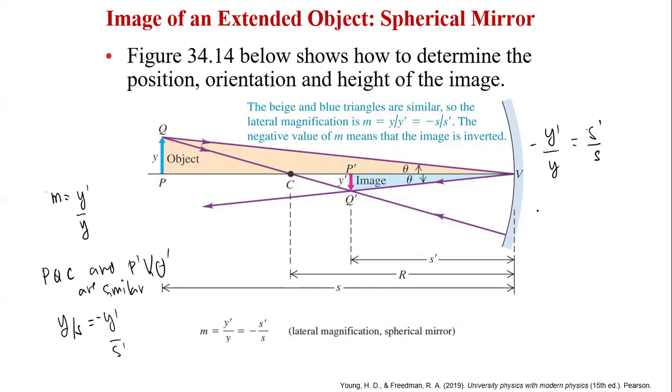So for the lateral magnification, we can say that this is actually y' over y equal to negative s' over s. Okay. So the negative value of the lateral magnification means that the image is inverted. Okay.